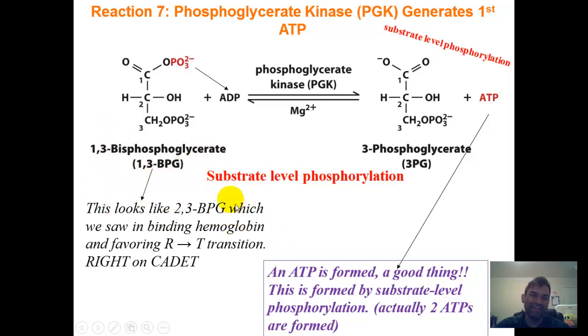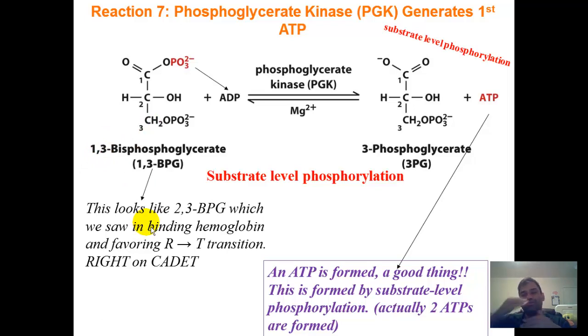has a relative, and that relative is 2,3-bis-phosphoglycerate. I pray that you remember 2,3-bis-phosphoglycerate from our lectures on hemoglobin. Diphosphoglycerate is this molecule here, 2,3-bis-phosphoglycerate. So you can imagine in a red blood cell, this can get converted potentially to 2,3-bis-phosphoglycerate.